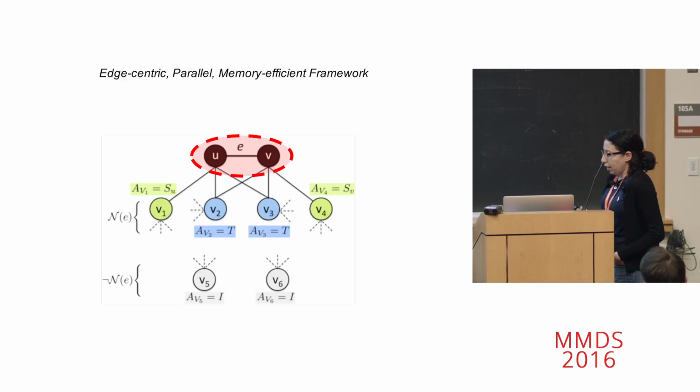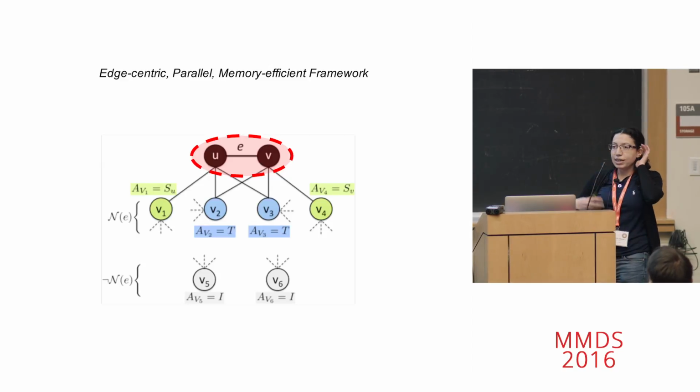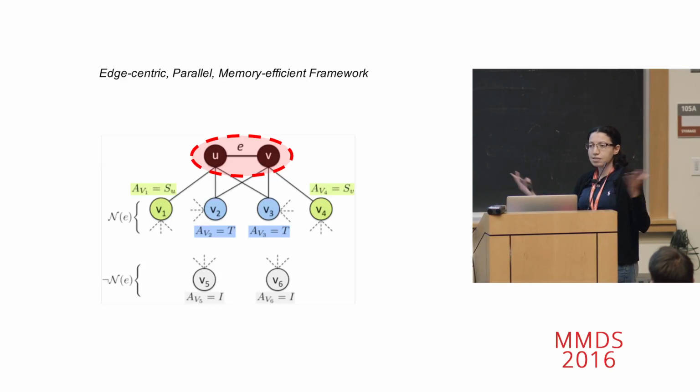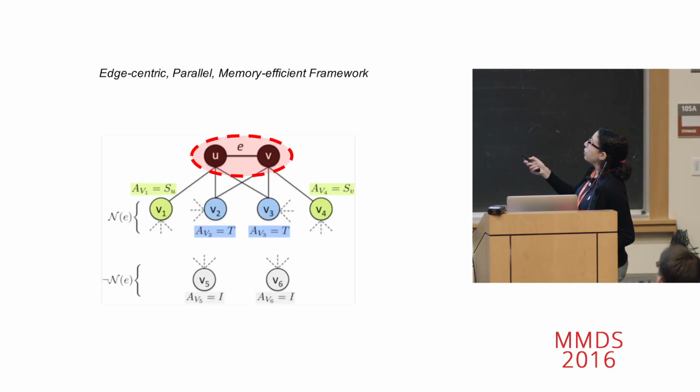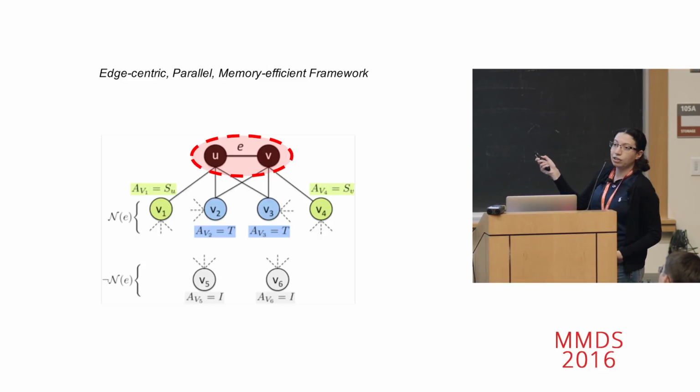So now I'm going to talk more about how we can extend that to larger graphlets. Since size 3 has been well studied, we would like to see how that could be done for larger graphlets. The approach here, as I said, is edge-centric. We try to define certain properties for every node that's connected to the edge that we are concerned with at this point.